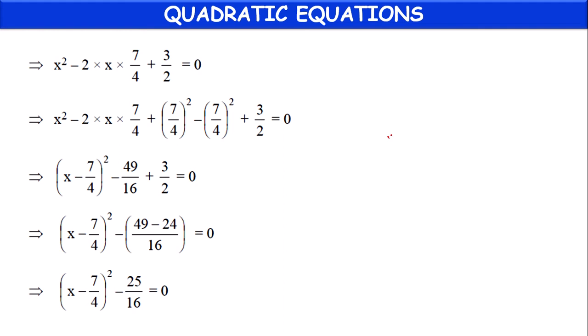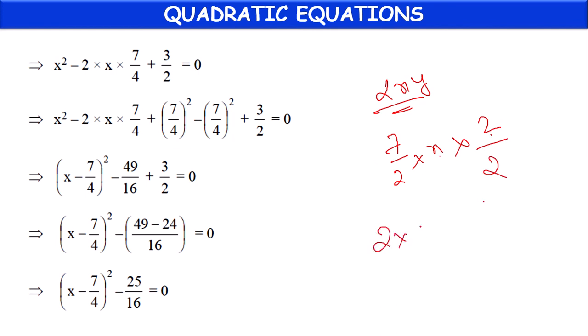So if we have 7 by 2 x, to change it into 2xy form, we will multiply by 2 and divide by 2. This 2 will come in front, this x will come in front, and 7 by 4, 2 into 2, 4, will remain at the last. So this can be written as 2 into x into 7 by 4.